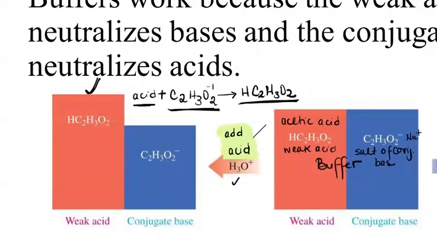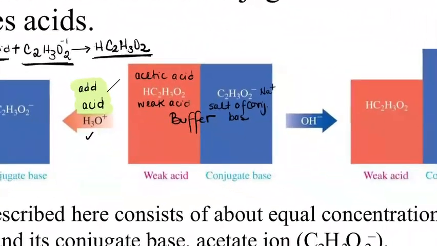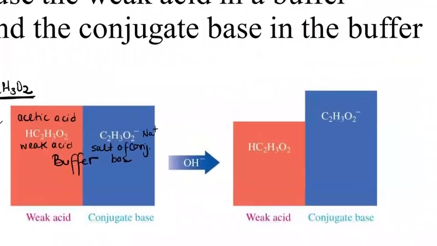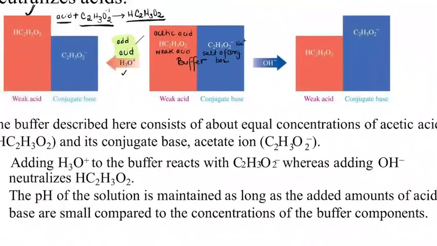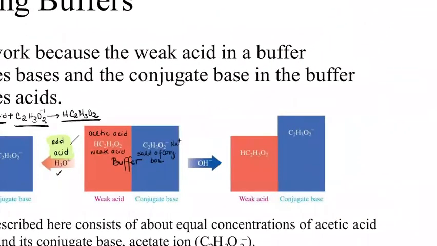Now, what happens to a solution that instead of adding acid, we are going to add base? So this part of the equation, as you can see in the bottom, it says adding OH- or adding base, what it does is that it neutralizes the weak acid. Let me illustrate that.